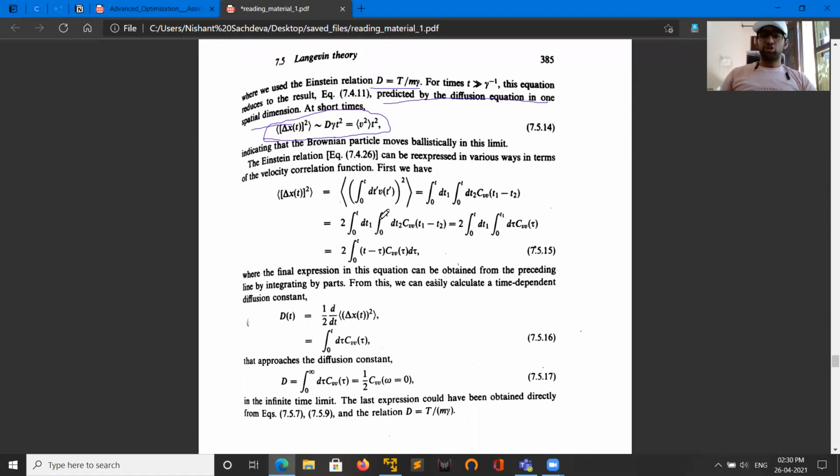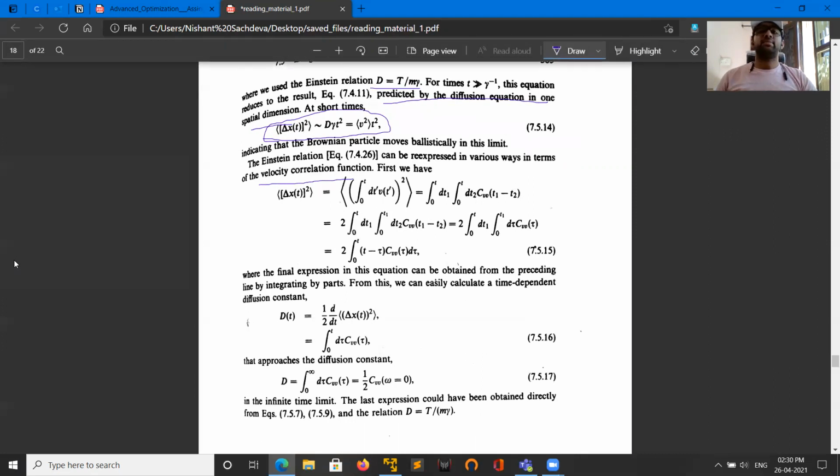Now the Einstein relation can be re-expressed in various ways in terms of the velocity correlation function. The Einstein relation 7.4.26, we have not done that yet, by the way. First, we have the average of x(t) squared as the average over the integral of dt' v(t') squared over time t.